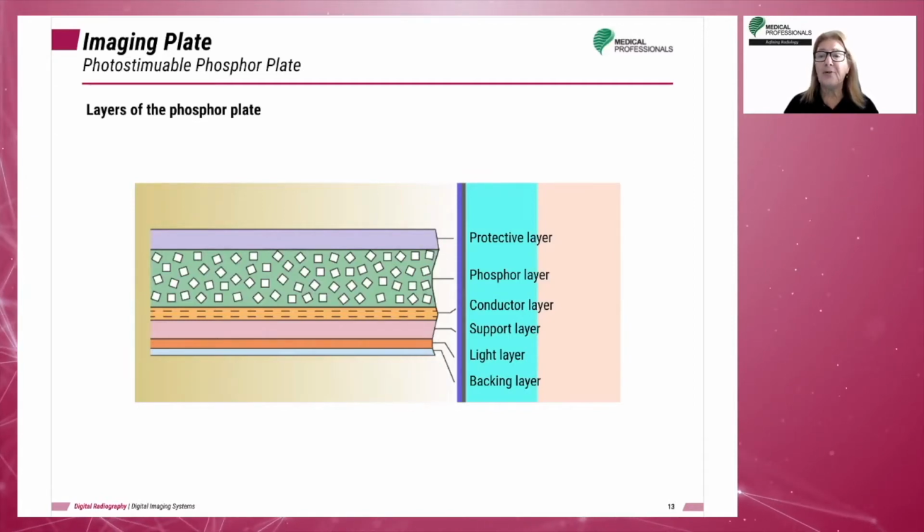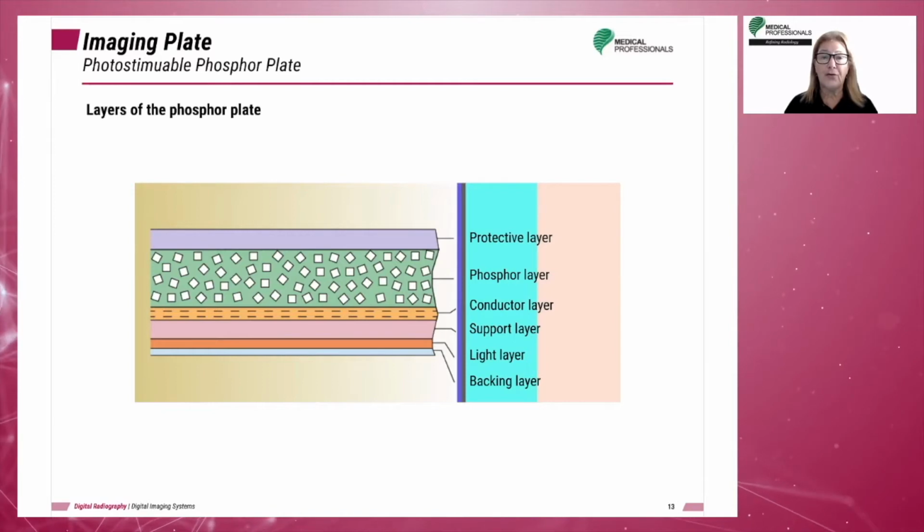The imaging plate is a photostimulable phosphor plate, approximately 1 millimeter in thickness, and made up of several layers, similar to an intensifying screen. The protective layer is made up of a thin, clear layer of plastic to protect the phosphor and improve the signal-to-noise ratio.